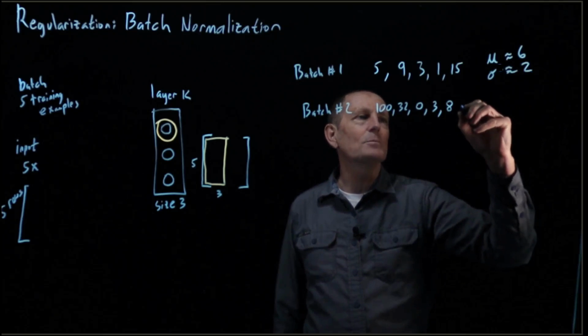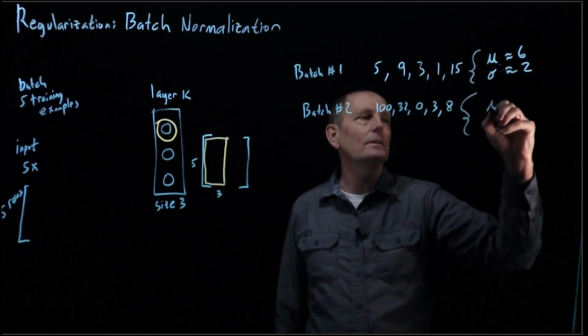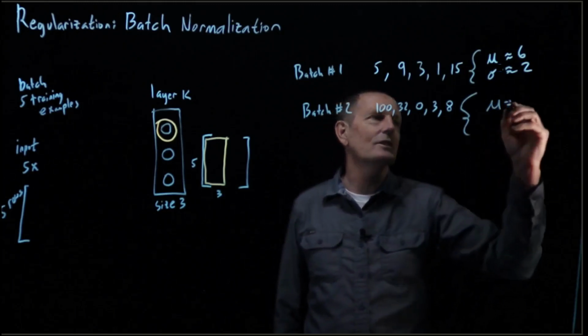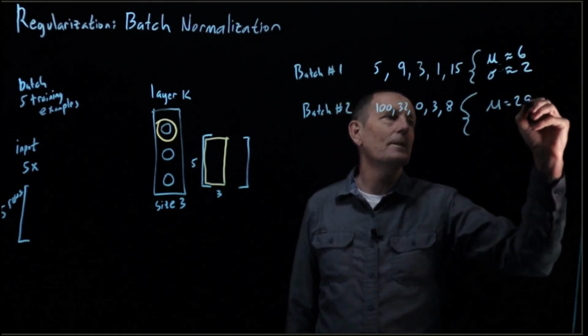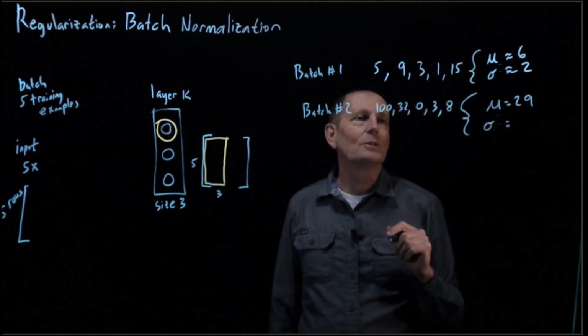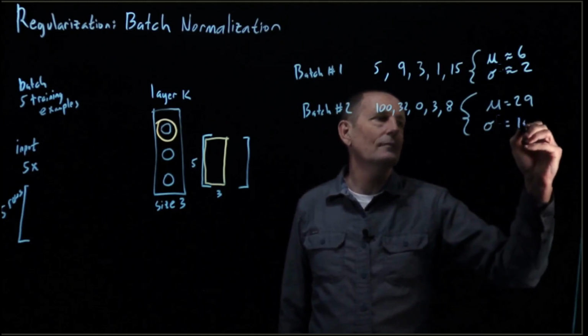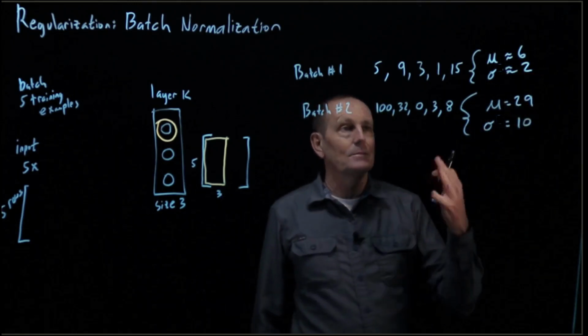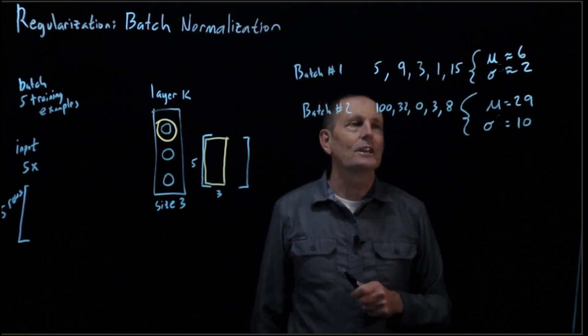For this batch, the mean is much different. The sum is 143, divided by 5, so that's around 29. And sigma is much higher, let's say around 10. I'm fairly close on the mean, and I am making up the numbers.